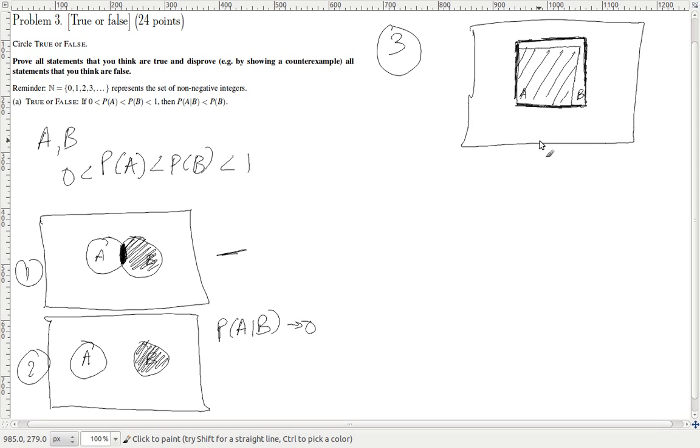We see that once we've been given that B happens, then we are going to be somewhere inside this big box right here.